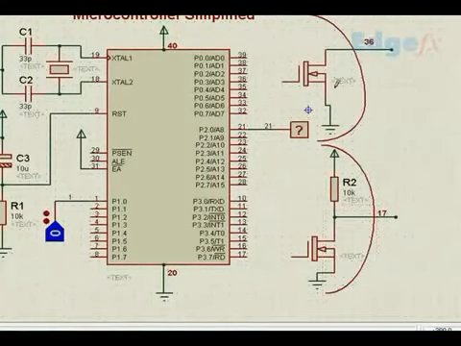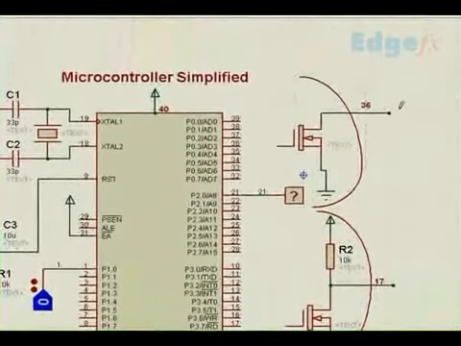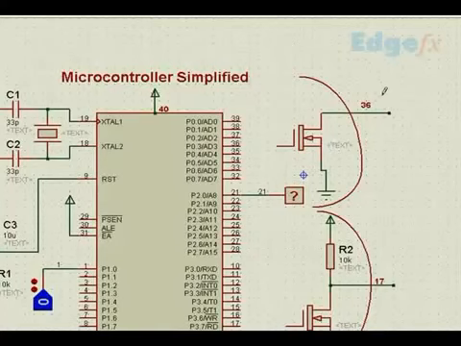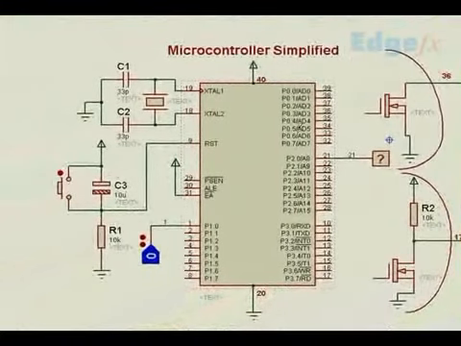But in the case of port 0, the current can only flow this way. That is, it can only sink. It cannot source. In order to source, we have to use an external resistor here, so that it can source this way, not through the microcontroller but through the external resistor. That is the only difference between port 0 and all the other ports.